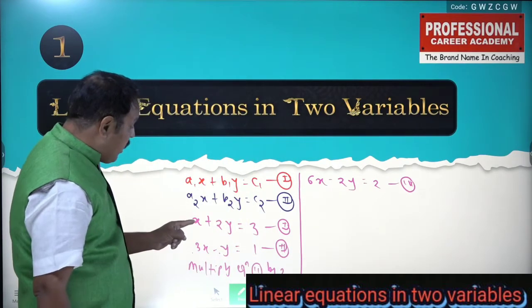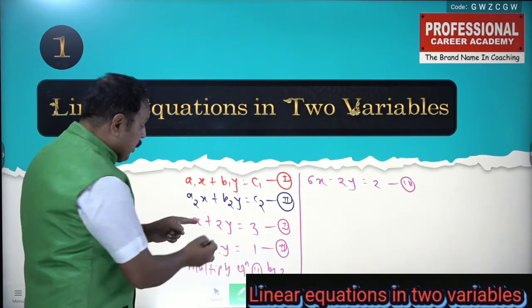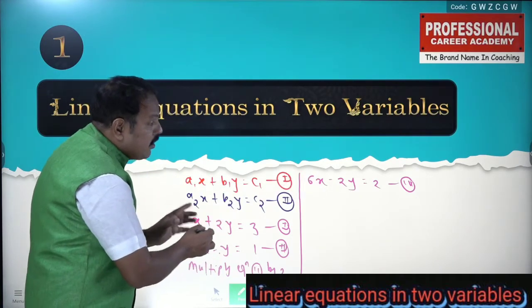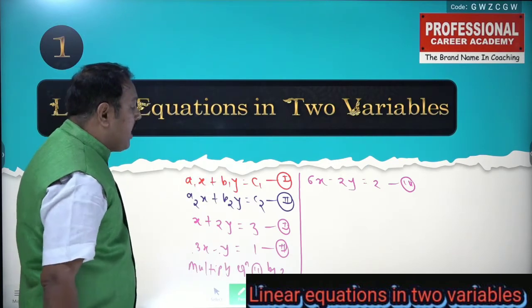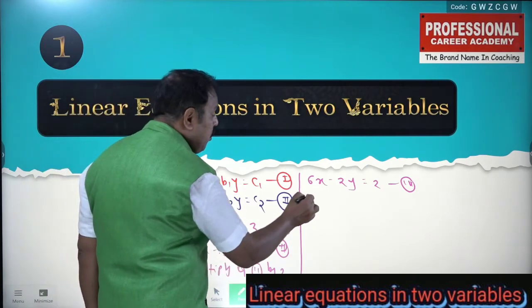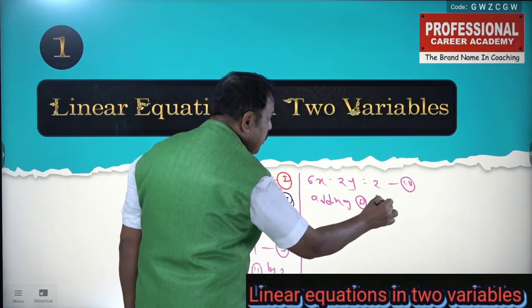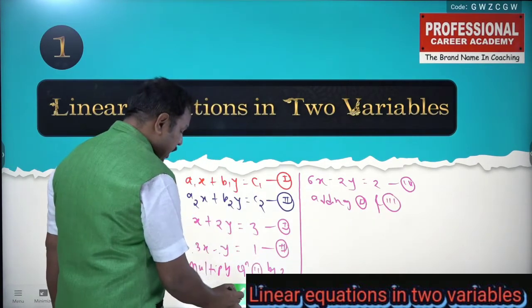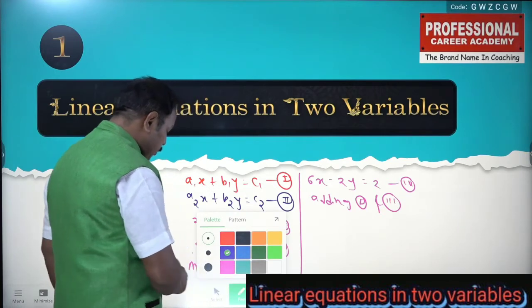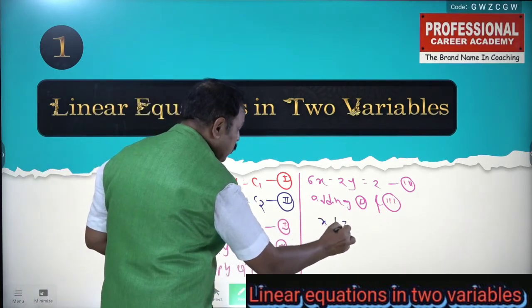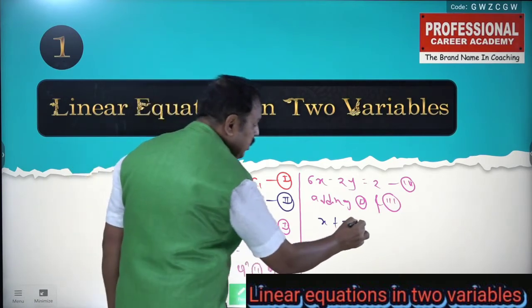Now see here, look at equations 1 and 3. It is 2y, it is minus 2y. So if we add equations 1 and 3, then directly 2y gets cancelled. Adding equations 1 and 3: what is 1? 1 is x plus 2y is equal to 3.